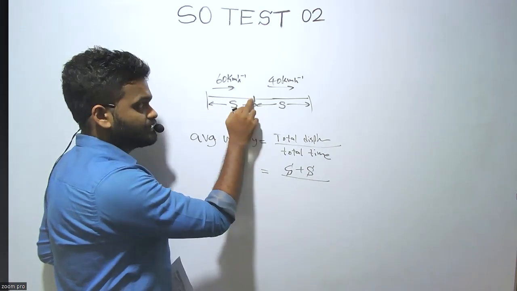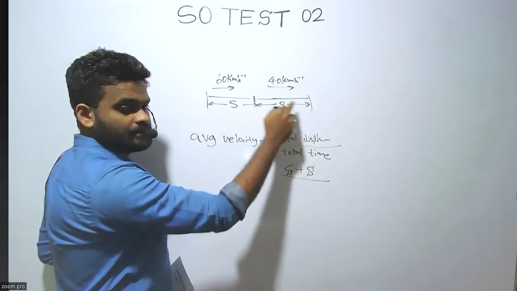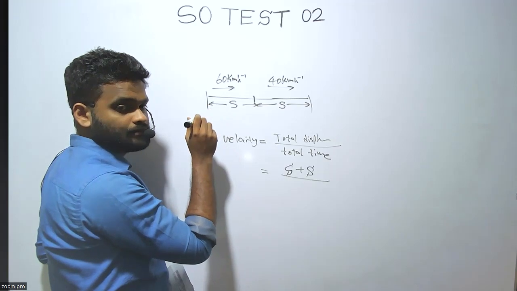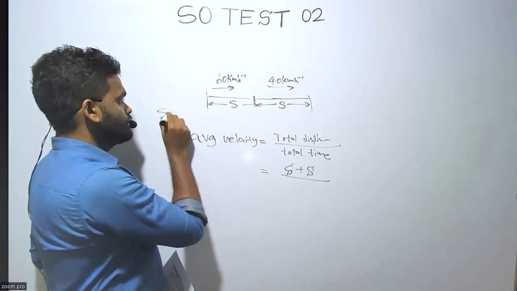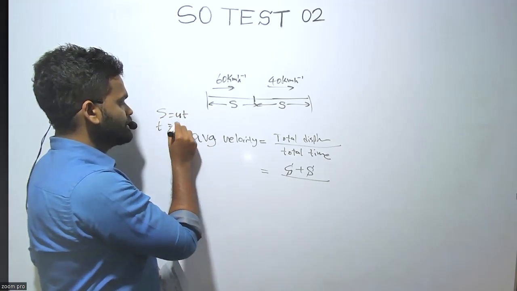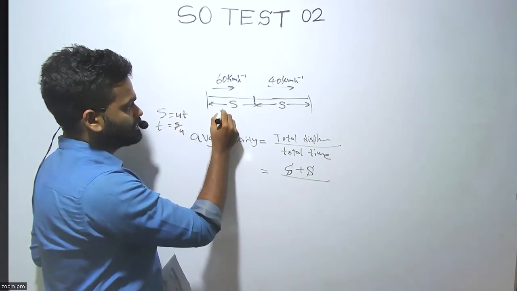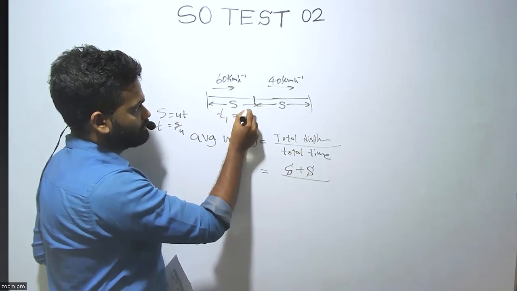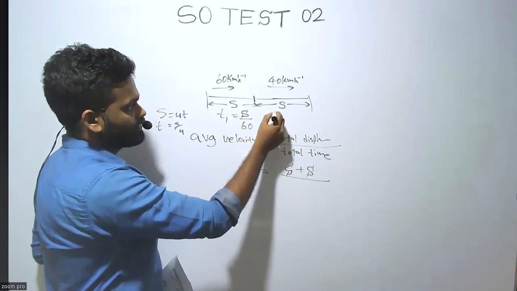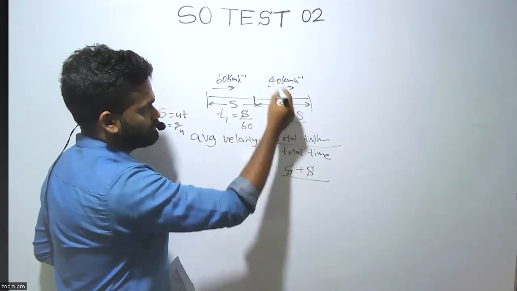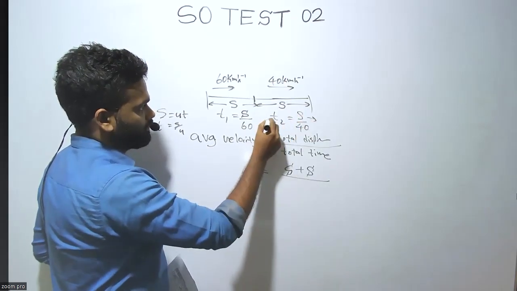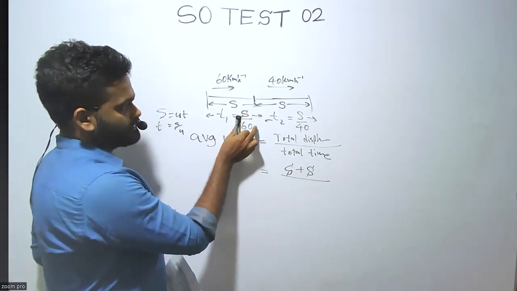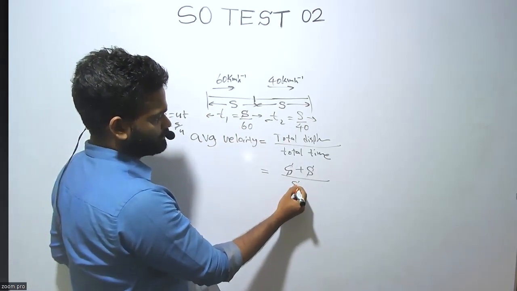It changes at the other one, but within this it is constant, so you can apply S equals ut. According to S equals ut, time is S divided by u. So here the time is S divided by 60, and here the time is S divided by 40. The sum of these two times is the total time.